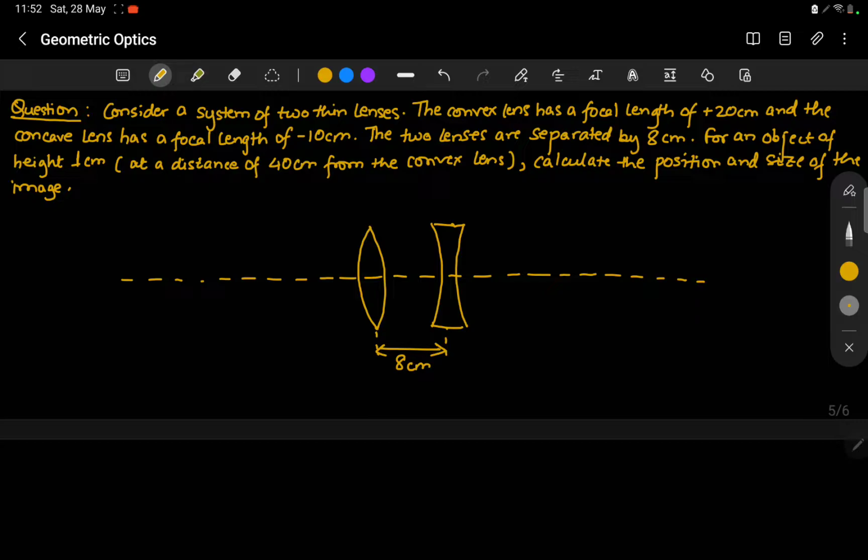The focal length of the convex lens is 20 centimeters, so somewhere over here, this distance being 20 centimeter, and the focal length of the concave lens is, let's say, somewhere over here, this being 10 centimeter.